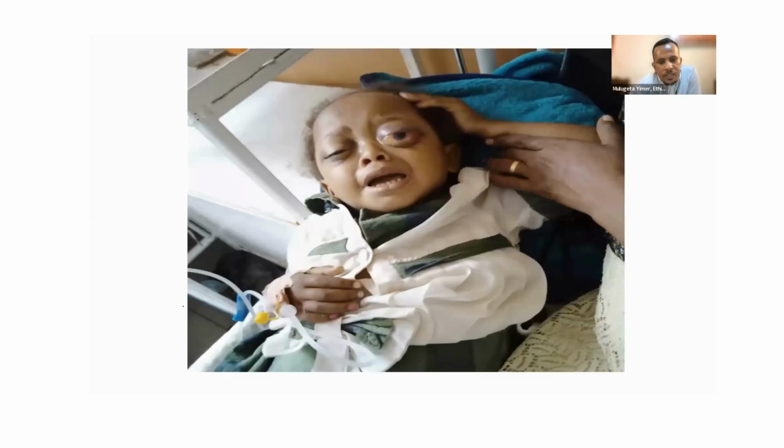So this was the child that I was speaking about earlier. She was sent to the ophthalmology clinic earlier, but later she was linked after a few days. If you look at her closely, she had a hugely protruded left eye, and on the right side there are raccoon changes, and she's totally pale.